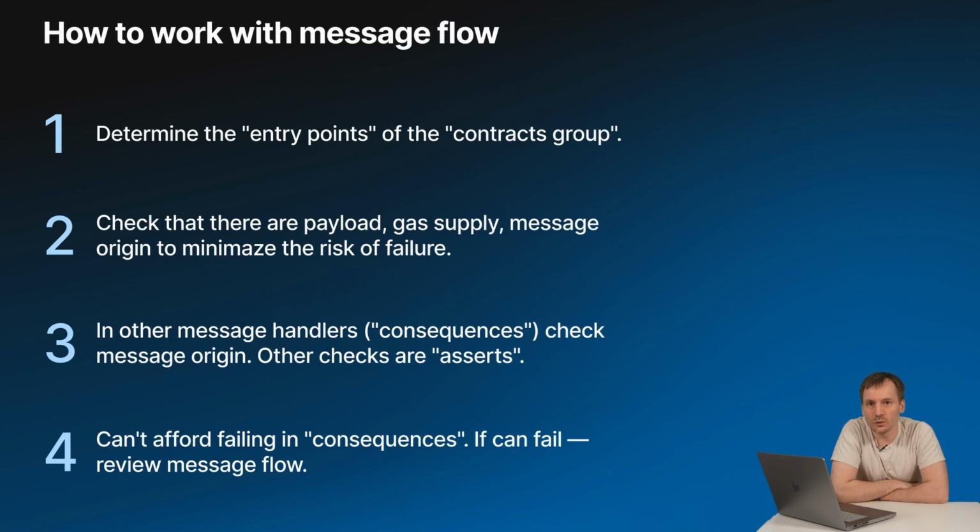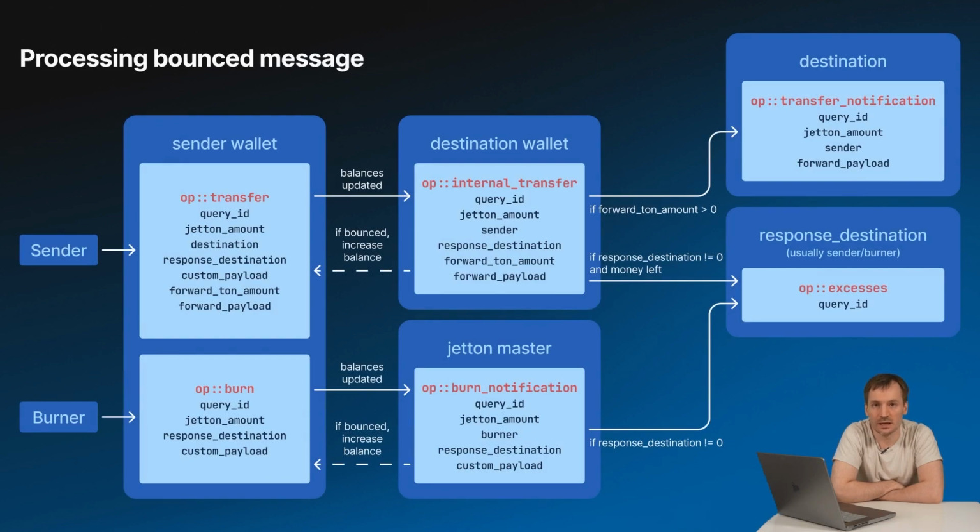If you are not sure whether it will be possible to fulfill all your plans, for example, whether the user has enough tokens to complete the deal, it means that the message flow is probably built incorrectly. In subsequent messages, all throw statements will play the role of asserts rather than actually checking something. Many contracts also process bounced messages just in case.